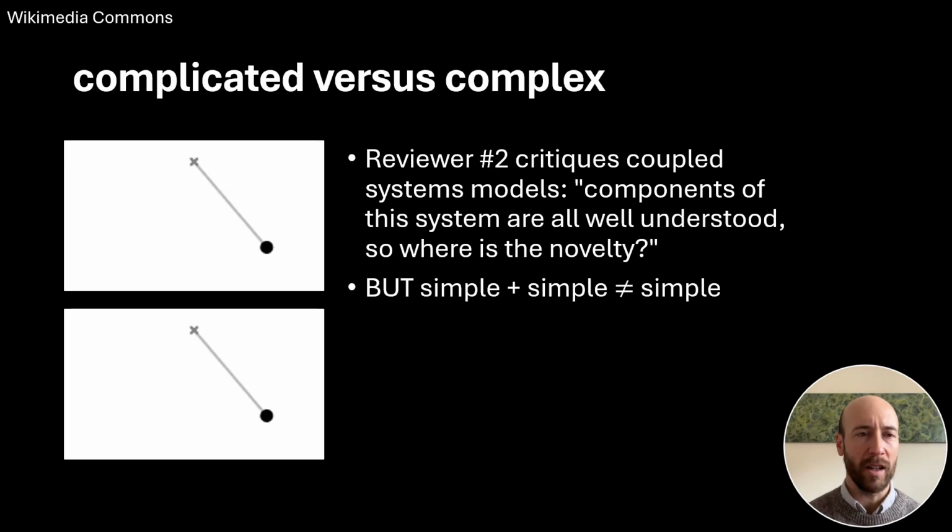And the case that you're going to have to make, and the reason building your own is useful, is that one simple component plus another simple component does not necessarily result in a simple answer, a simple sort of third combination.